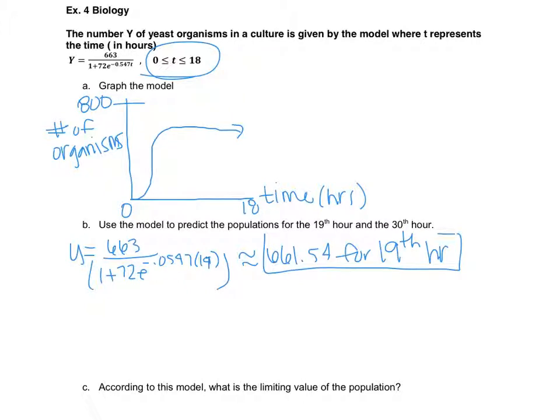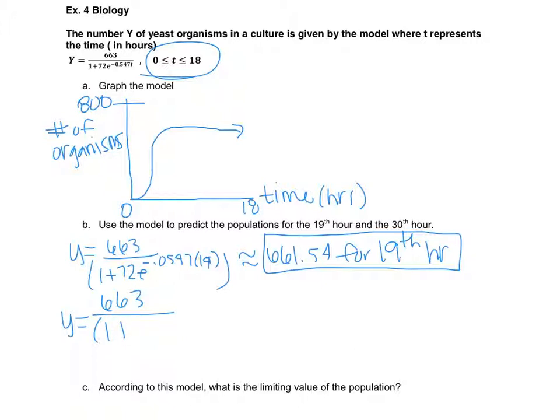So again, make sure in your answer you're telling me, okay, not just 661.54. I have no idea what that was. Was it for the 19th? Was it for the 30th? So be sure to indicate in your answers, if you're being asked to find multiple things, that you label what each one is. So then again, do it for the 30th hour.